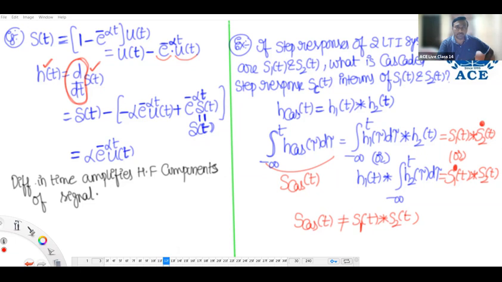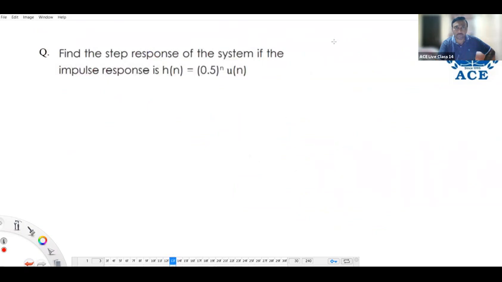Okay, I'm going to the next slide. Please think of this. Find the step response of the system if the impulse response is 0.5 to the power n u[n].